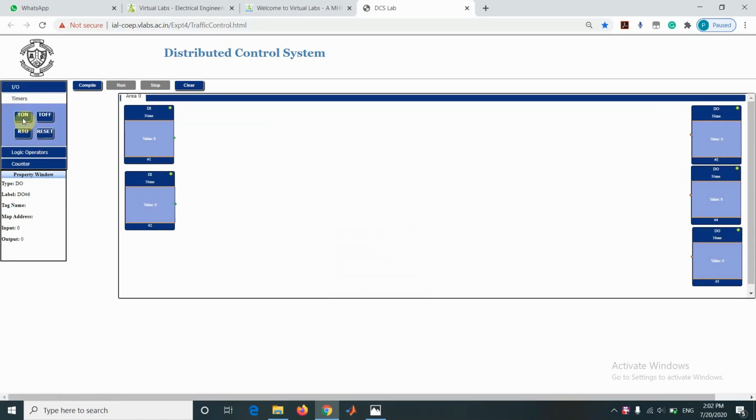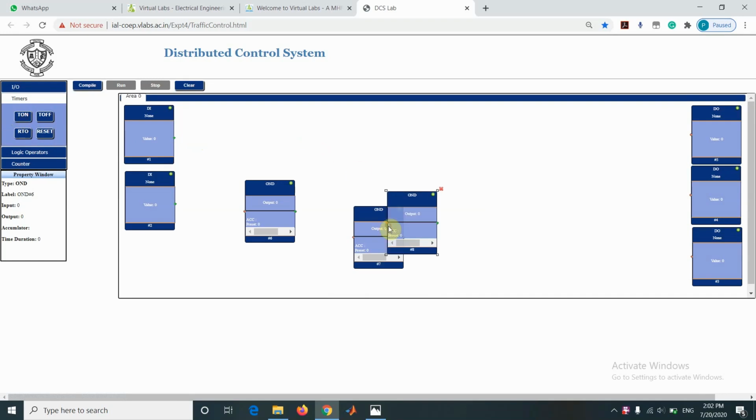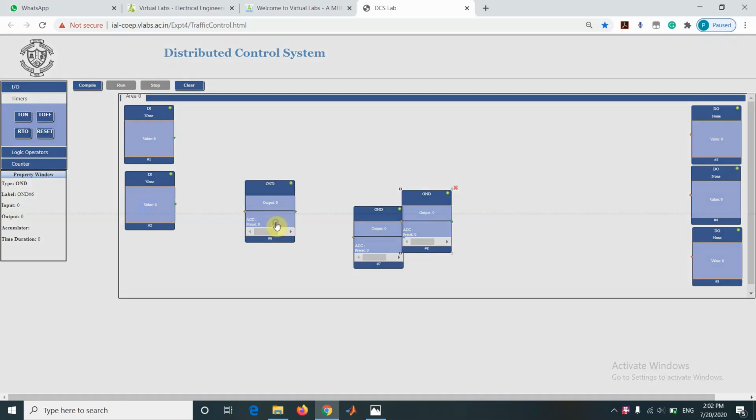Now we need three on delay timers. The time base of the timers in this simulator is in milliseconds, so we will enter the preset values accordingly.